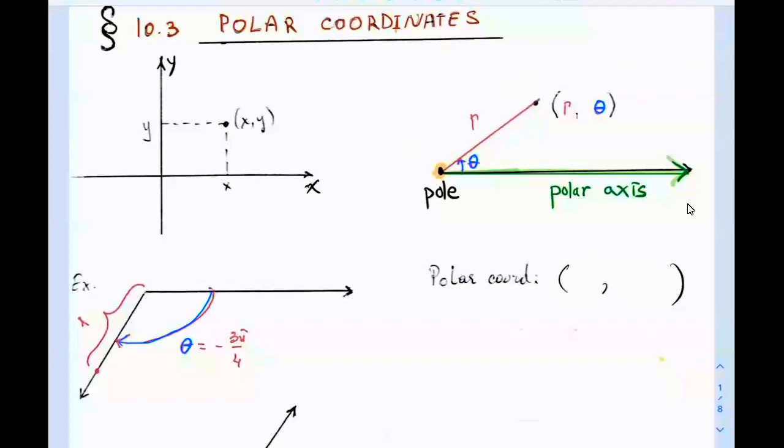And then this theta over here is the angle that this ray forms with the polar axis. As long as you know these two pieces of information, you're able to locate the point.